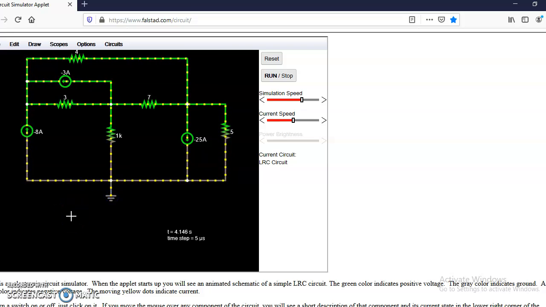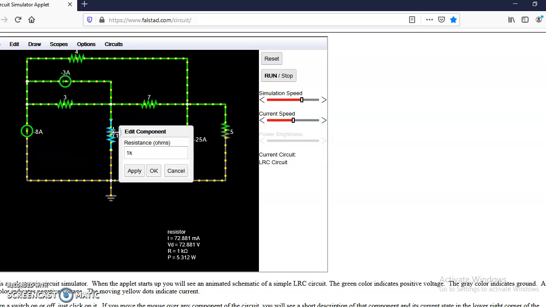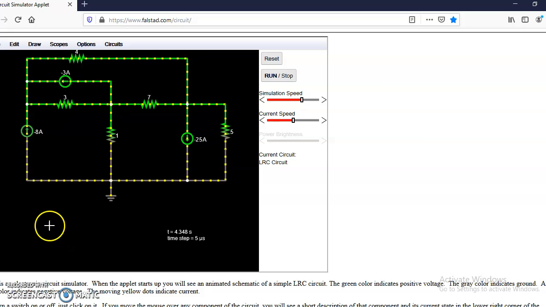Now we can cross-check the final answers. Just a minute, I think the value of this resistance has remained the same. It is not 1k, it is 1 ohm only. So apply OK. Yes, I forgot to change the value of that resistance.